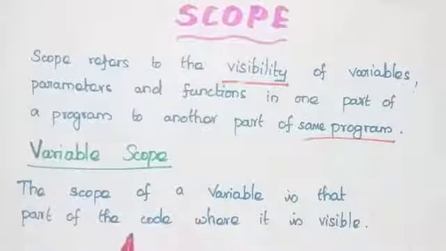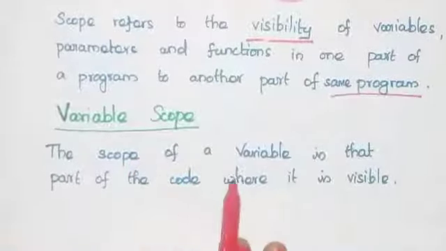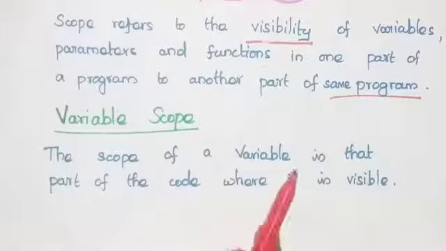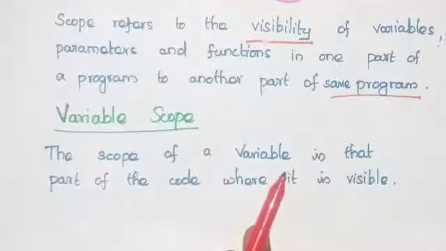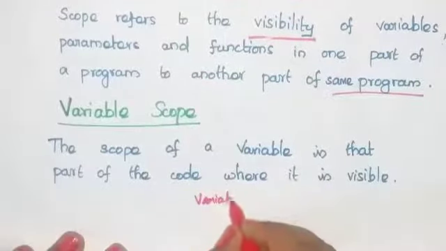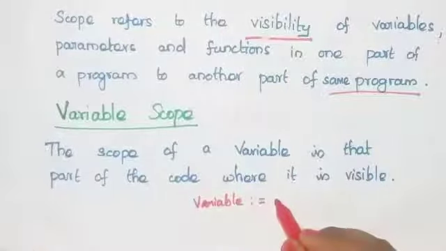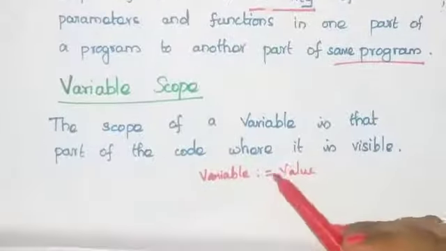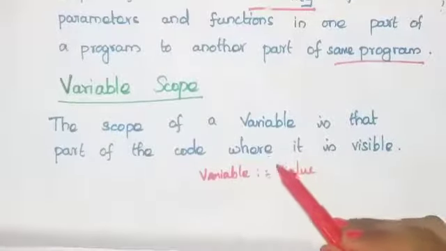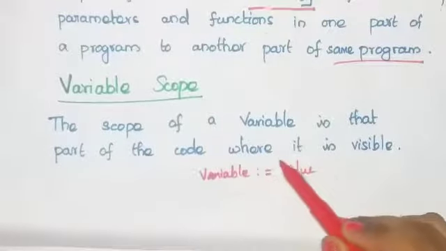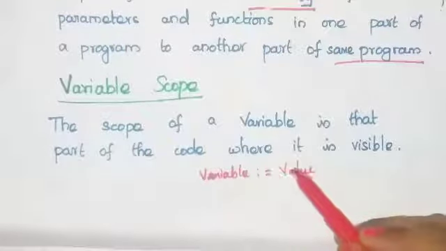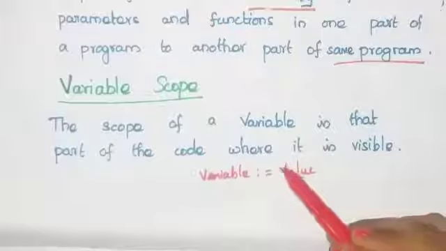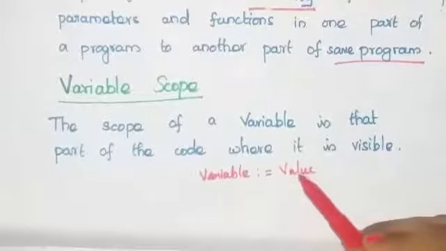Next, what is variable scope? You already know about variables. A variable is nothing but a memory location that is used to store or hold values. When you assign a variable to an object with the assignment operator, you are binding or mapping the variable to that object.